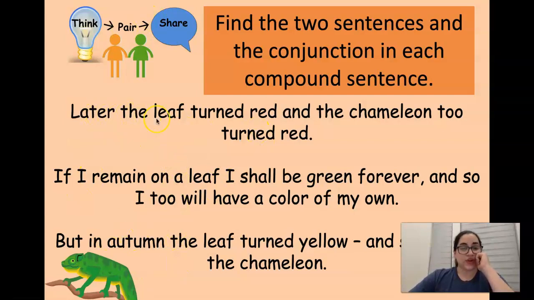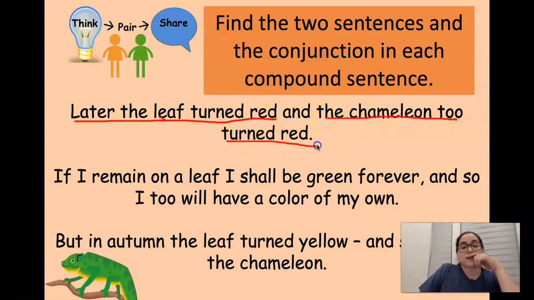Okay, so let's read the first one. It says, later the leaf turned red and the chameleon too turned red. So yes, this is a sentence. That's a sentence. This is another sentence. And which one's the conjunction?